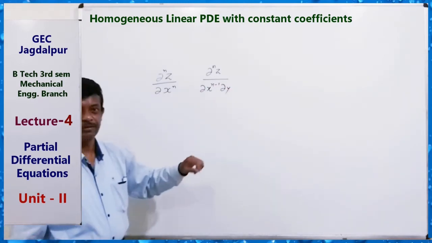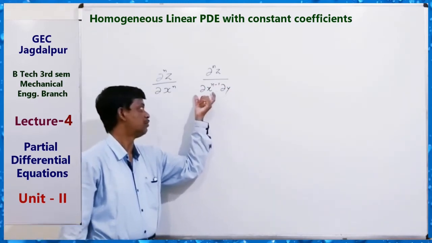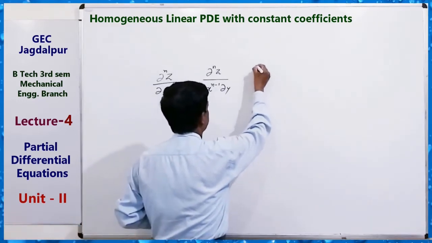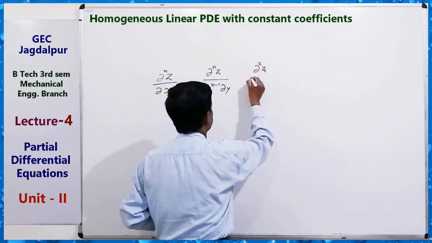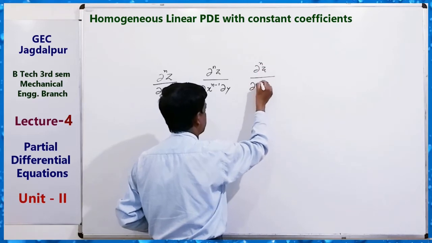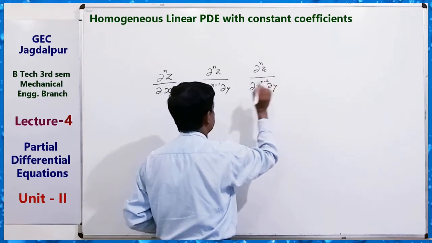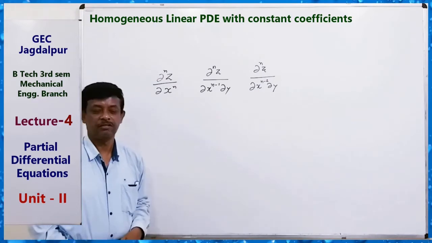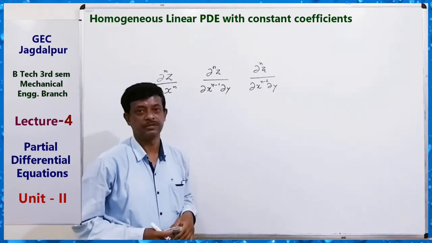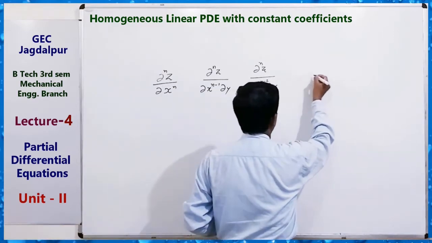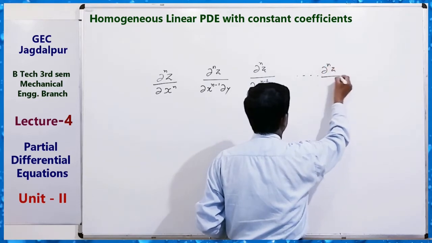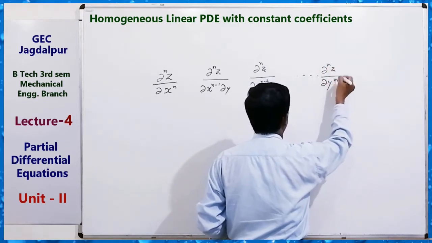Here we differentiate one time with respect to y and n minus 1 times with respect to x. Similarly, del n z upon del x to the power n minus 2 del y squared is also an nth order derivative, and so on up to del n z upon del y n.